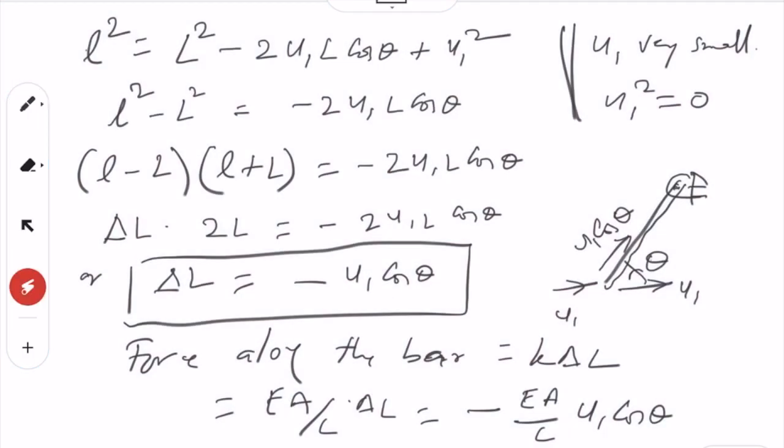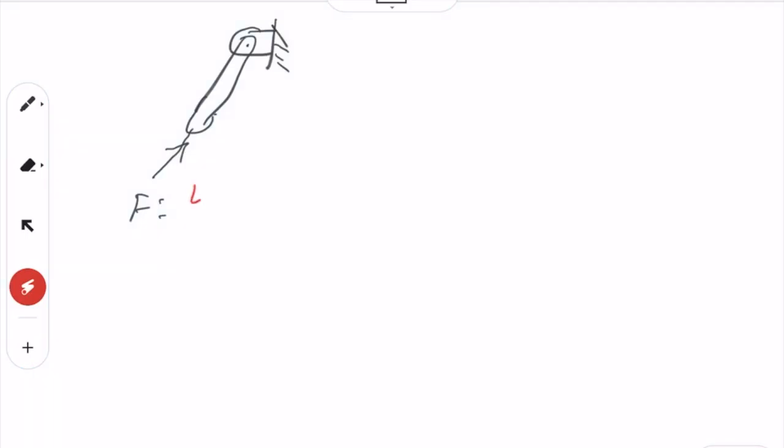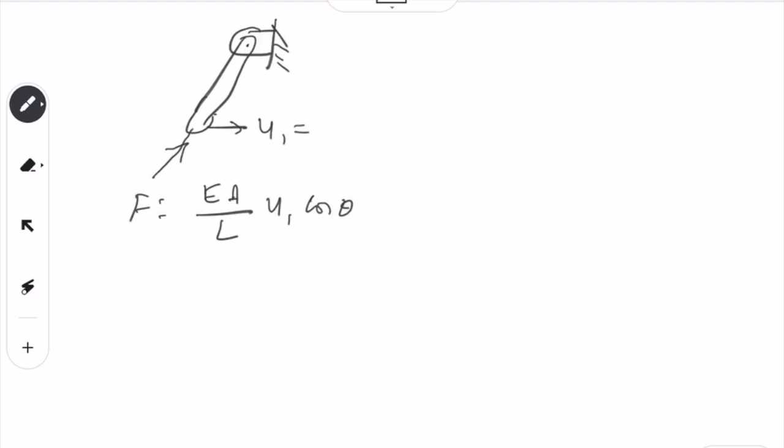It is EA over L u1 cos theta, where u1 is equal to 1 basically. We can replace u1 with 1 anytime.